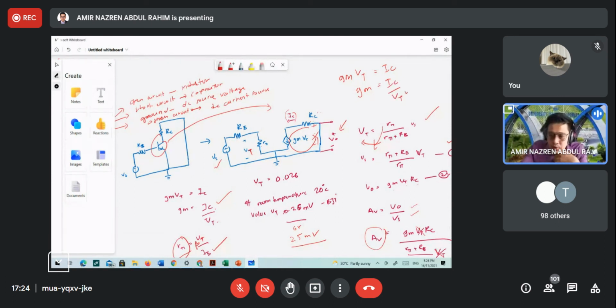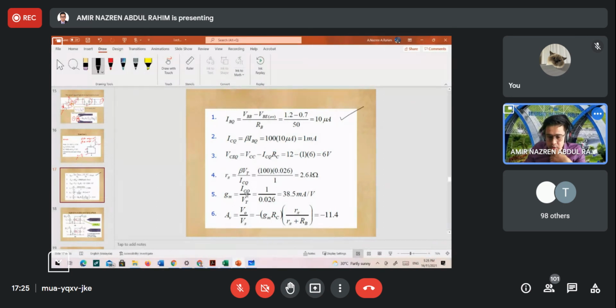VT we already know, IC we already calculated as 1 milliamp. So 1 milliamp divided by 26 millivolt, 1 over 0.026, we got 38.5 milliampere per volt. That's the unit for transconductance.